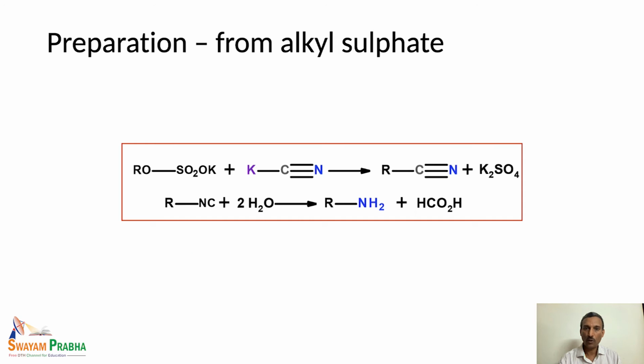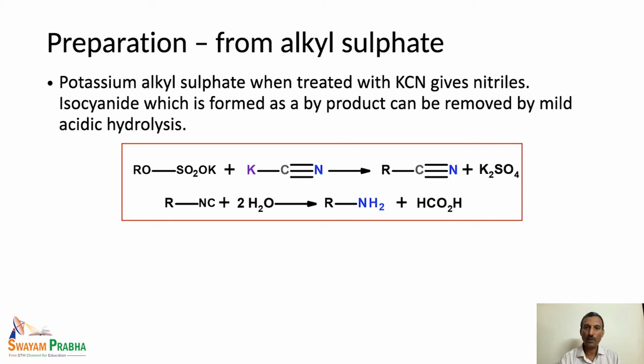And we can also use alkyl sulphate as a starting material for the preparation of nitriles. Potassium alkyl sulphate when treated with KCN gives nitrile. So, this is what is given here as the product. Potassium sulphate is formed as a byproduct. Isocyanide is also formed in this particular reaction, because when we use KCN, along with the required nitrile, that is the cyano compound, we also get the isonitrile compound, which is the isomer of cyanide.